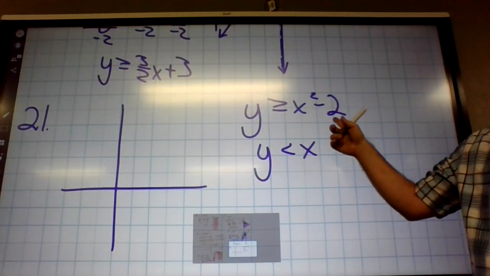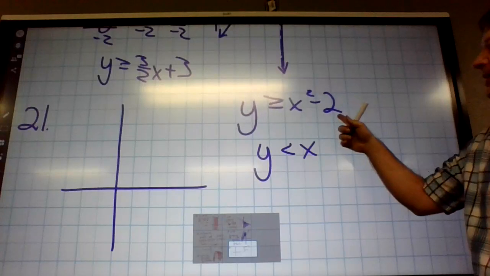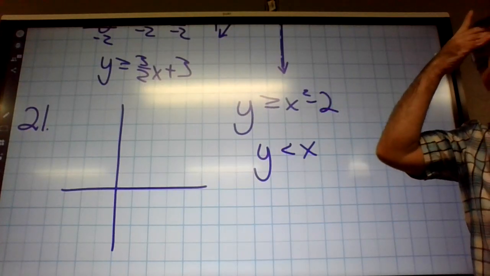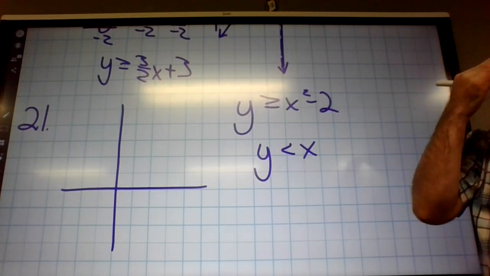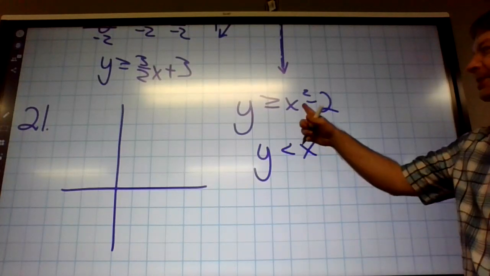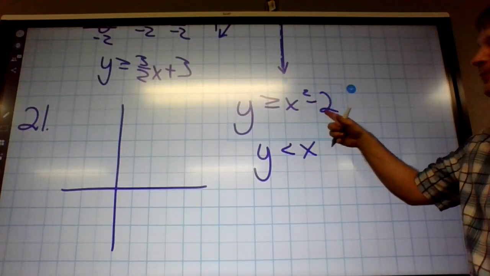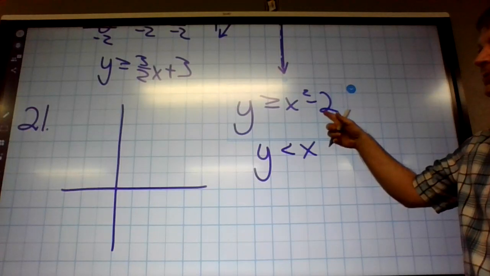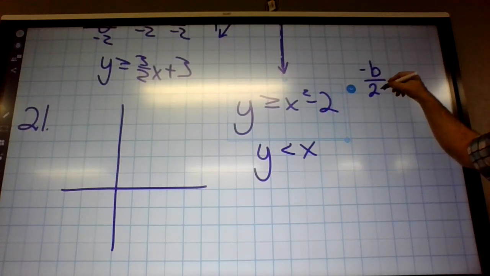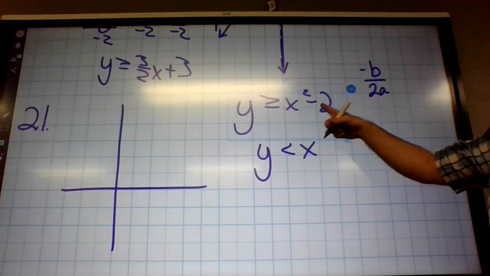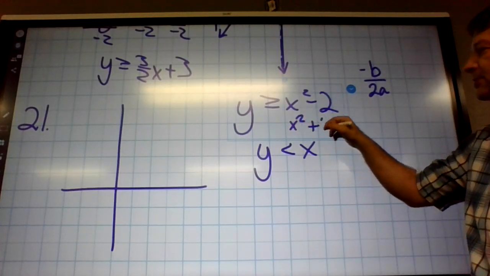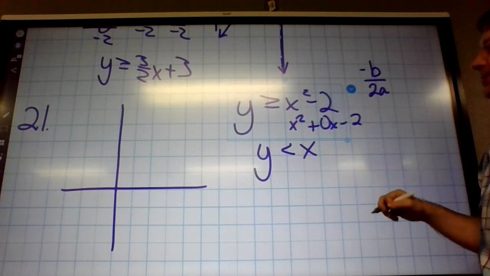Okay, maybe there's something to that portrait. So we've got a, what's x squared minus 2 gonna look like? Such a good question. Parabola. y equals x squared is our parabola. So how do we graph parabolas normally? Plug it in. Negative b over 2a, right? There is no x value, so the b value is 0.